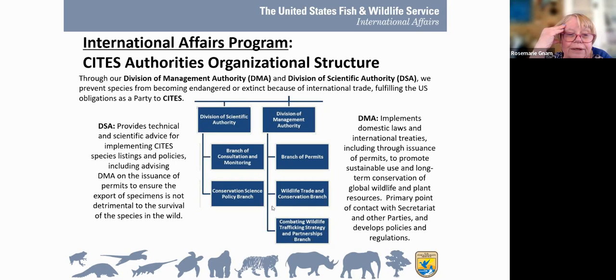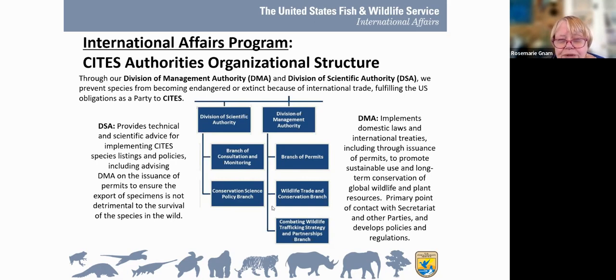The scientific authority has the responsibility of making what's known as a non-detriment finding, and we'll go into that in one of the further PowerPoints. But basically, the purpose of that is to ensure that the export of the specimens is not detrimental to the survival of the species in the wild. Essentially, a non-detriment finding relates to, for Appendix 2 species, that we have found that export to be biologically sustainable.